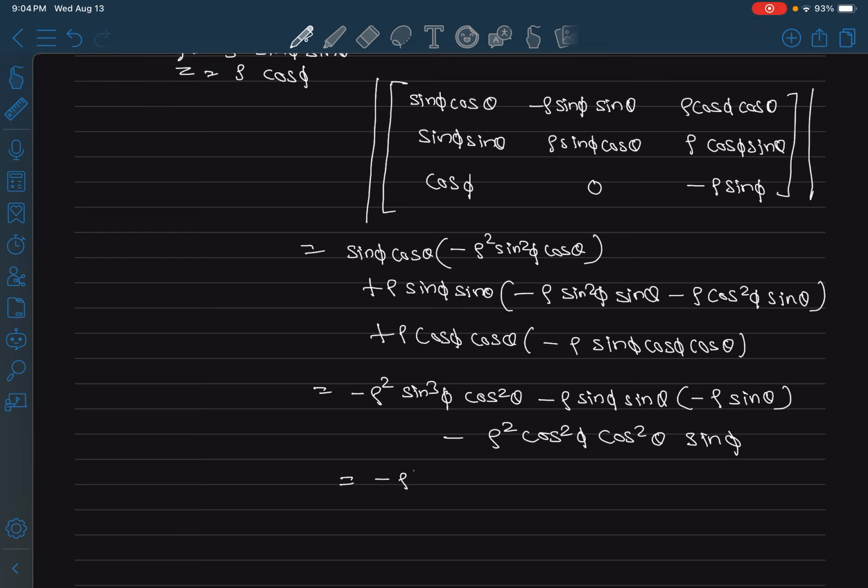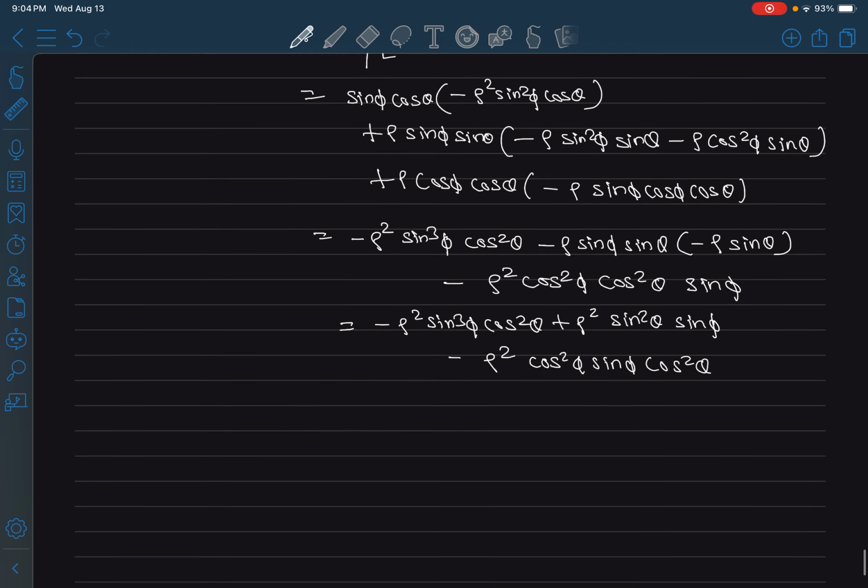Now this is minus rho square sine cubed phi cos square theta plus rho square sine square theta sine phi minus rho square cos square phi sine phi cos square theta.